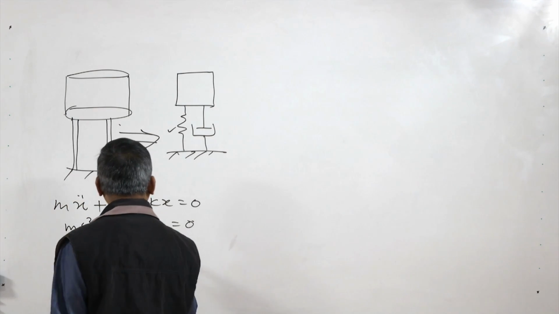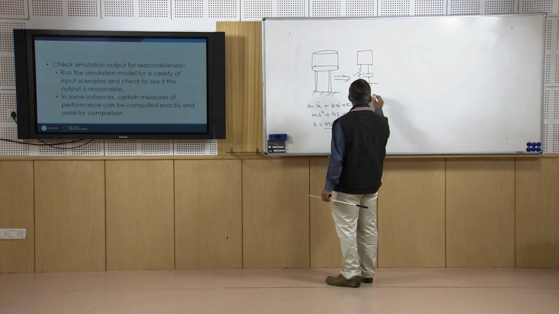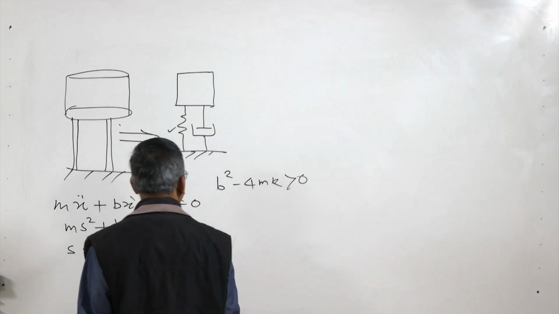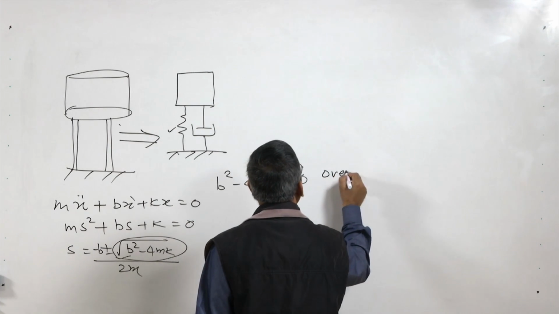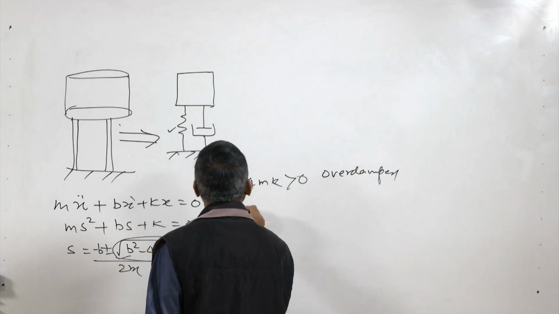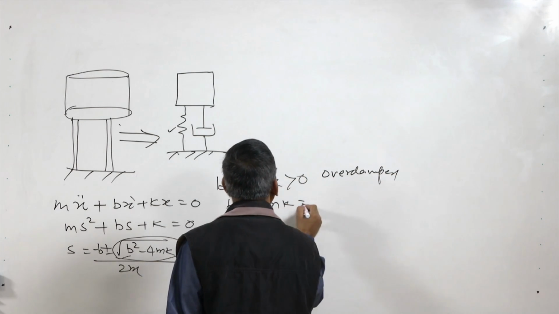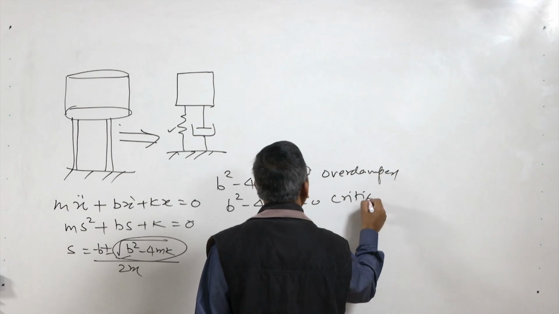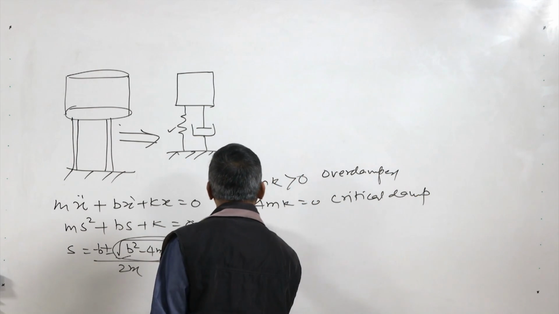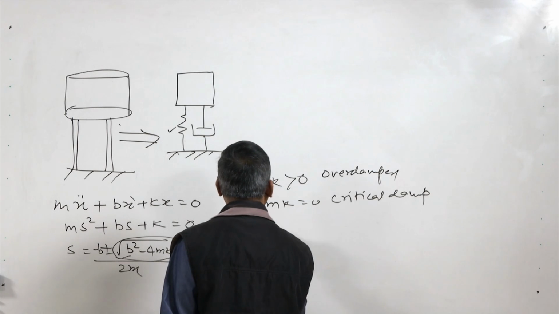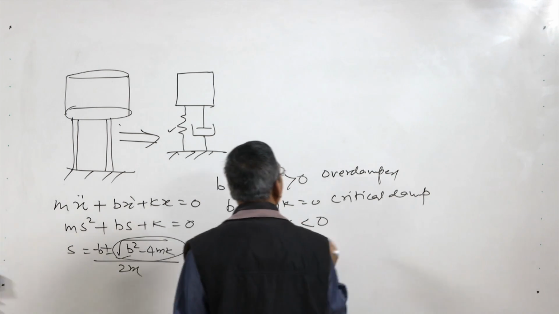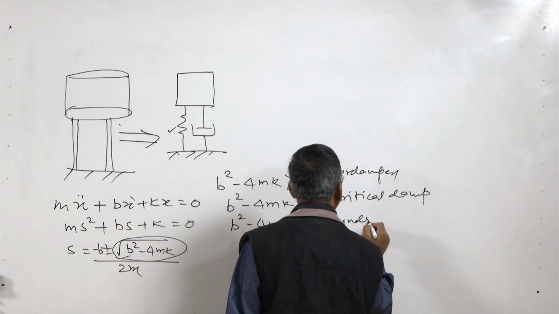If b square minus 4 mk is greater than 0, then you are going to have the overdamped case, and if b square minus 4 mk is equal to 0, then it is your critically damped case, and if b square minus 4 mk is less than 0, then this is going to be the underdamped case.